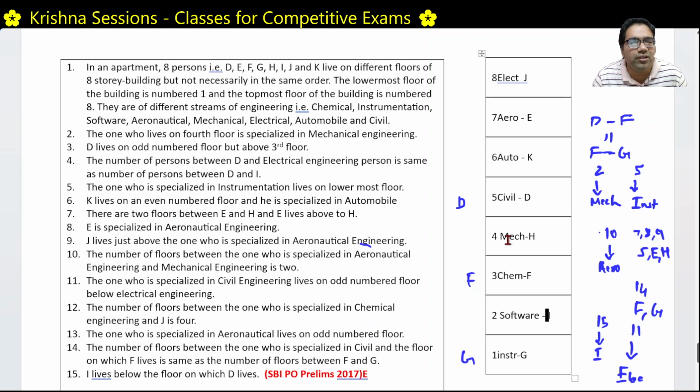But earlier we didn't know whether I can be the same electrical engineering guy. Either this is electrical or this is electrical, we don't know. Now here it is given that the one who is specialized in civil engineering, that means D, is living in an odd number and below electrical engineering. That means this cannot be electrical engineering, it has to be this. So this is the entire structure that we have derived.